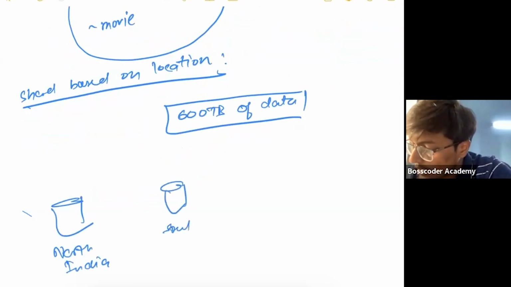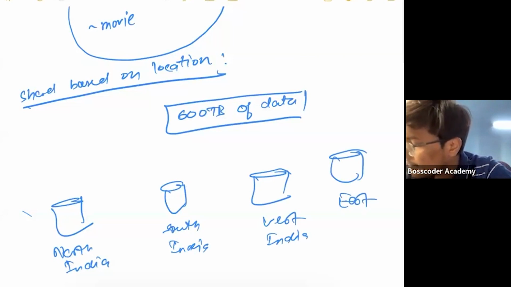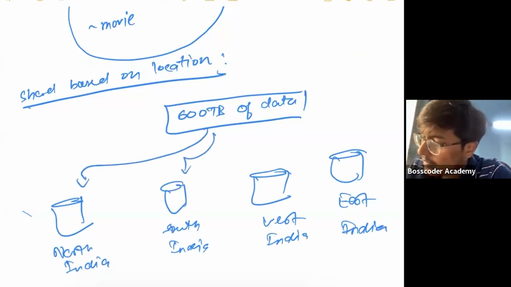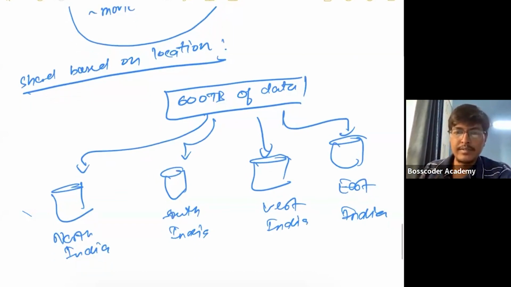Another one will be South India data, another West India, and another East India. Make sense? I am dividing this data based on region. A quick yes. Some data is stored in North India, some in South, some in West, some in East. What is sharding based on location?